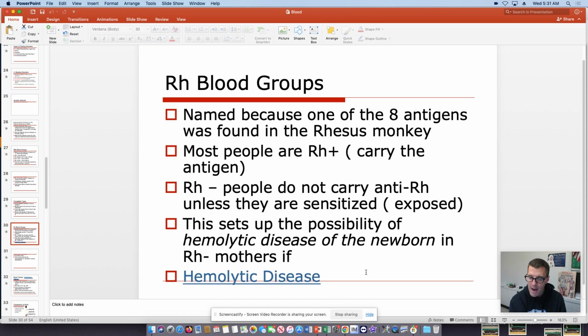But people who don't have Rh don't have the anti-Rh unless they've been exposed to it. So that's called sensitized, and that sets up the possibility of the hemolytic disease of the newborn in Rh negative mothers. So let's take a look at this.